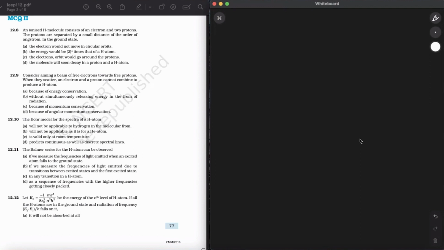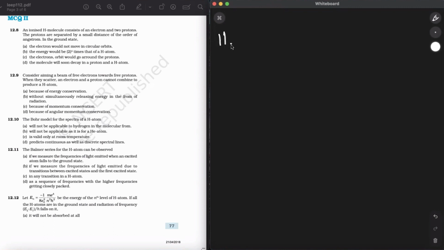Now option C, it's valid only at room temperature. It has nothing to do with temperature, so it is incorrect. Option D, it predicts continuous as well as discrete spectral lines. No, it is not correct. So the correct options for question number 10 will be A and B.